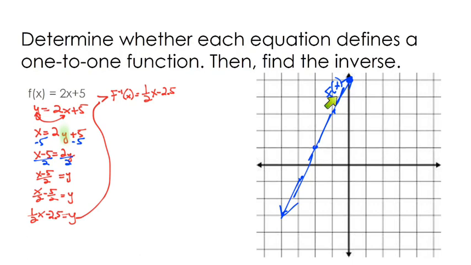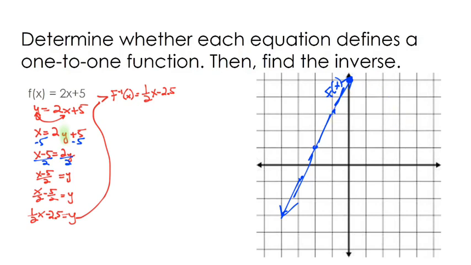What one-to-one means is that every element in f of x's domain corresponds to one element of its range, and vice versa. Meaning, if this graph were to curve back down so that we had 2 points that had the same y value, then it's not one-to-one.